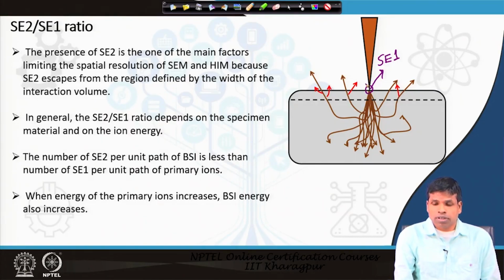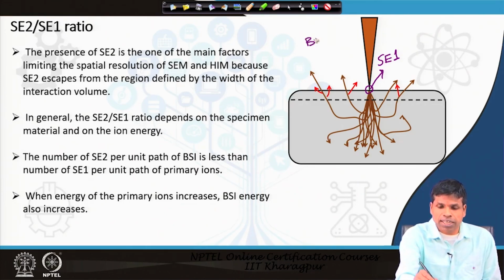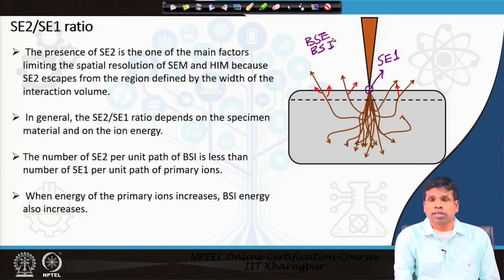But when those electrons or ions go inside, interact with the specimen and go outward with a larger angle, those are termed backscattered electrons or backscattered ions. In the case of ion, it is backscattered ion, BSI. In the case of electron, it is called backscattered electrons.